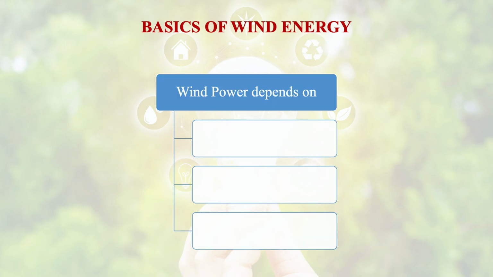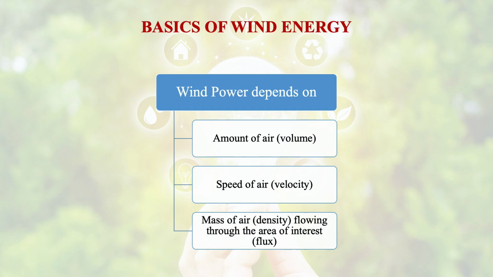So the wind power generally depends on the amount of air or volume of air, speed of air, that is velocity of air, and mass of air, that is density of air.